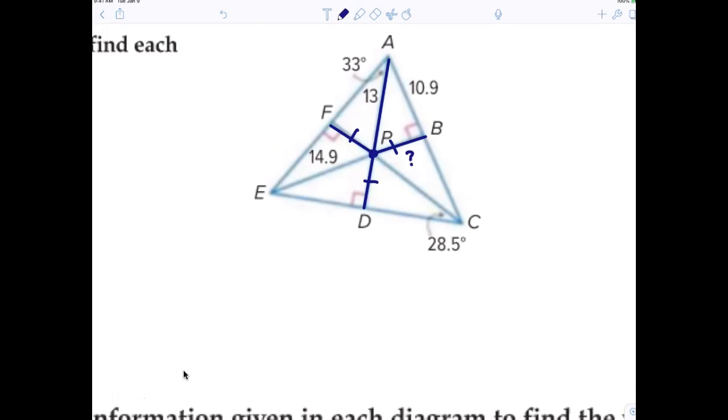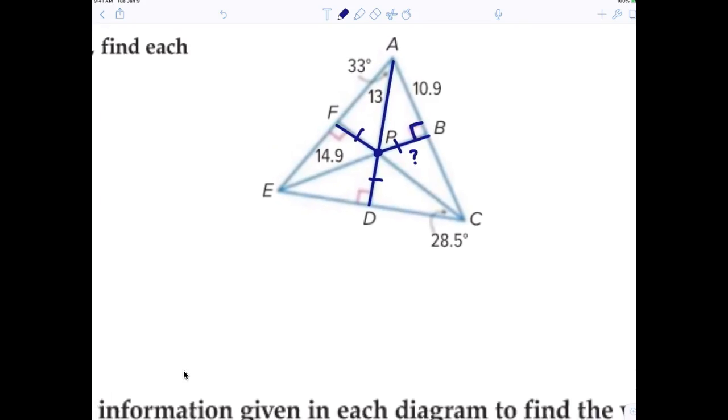Isn't this a right angle? Isn't that a right triangle? How else are you going to find PB?